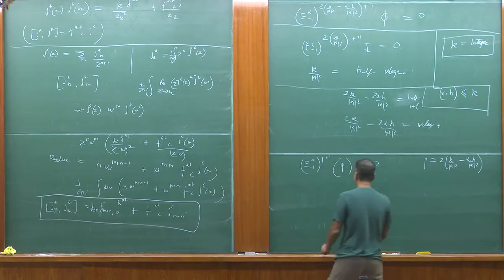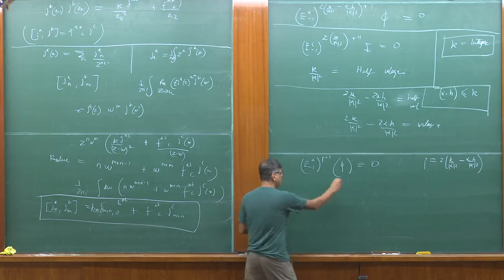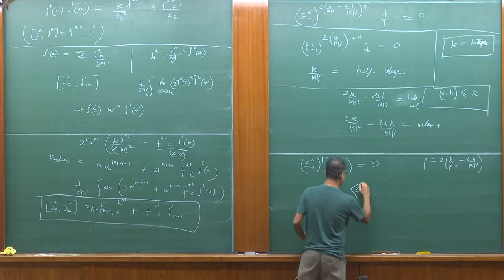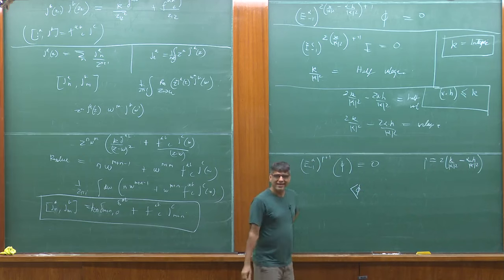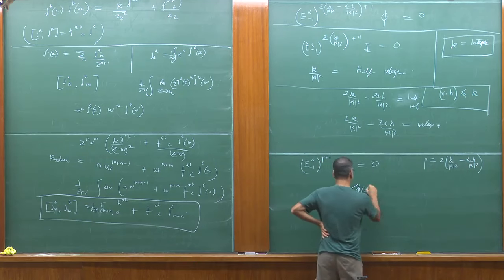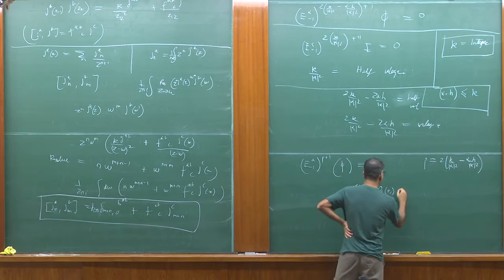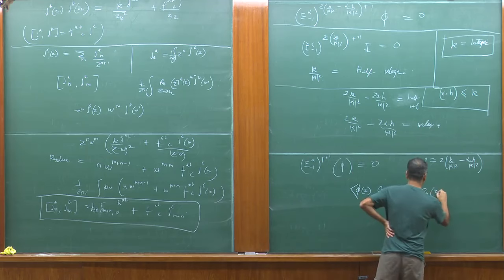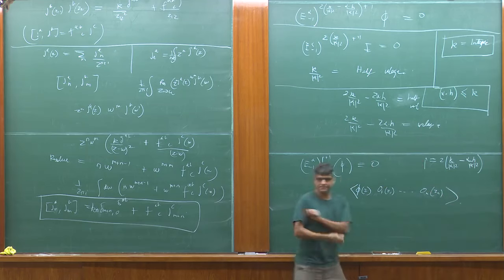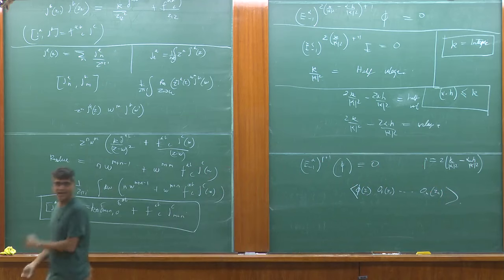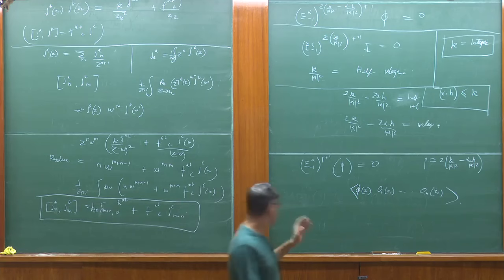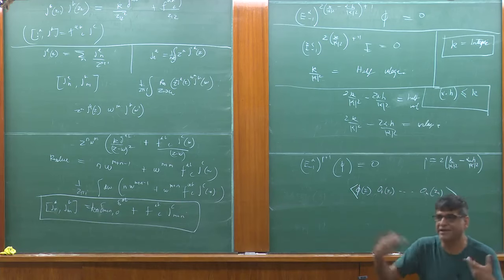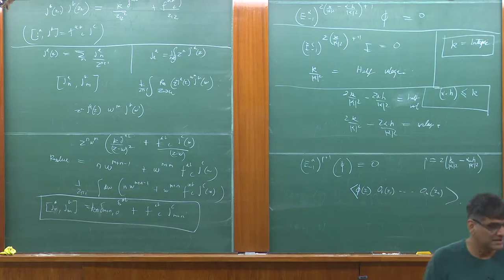Now what we did was look at a conformal block which had phi and then some O of z, and then some O1 Z1 through On Zn. And we wanted to work out this equation: E minus 1 alpha to the power p plus 1 acting on that operator within the conformal block is equal to 0.